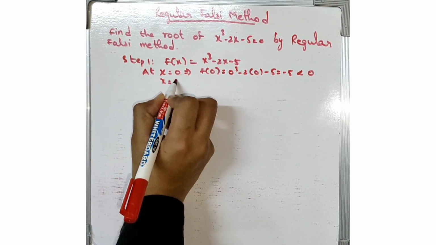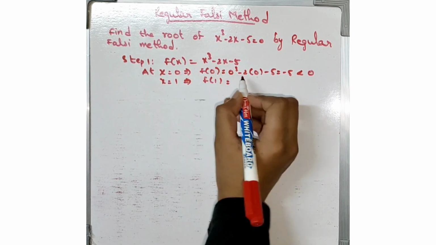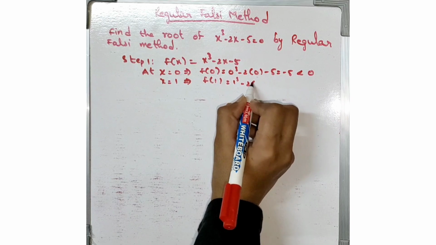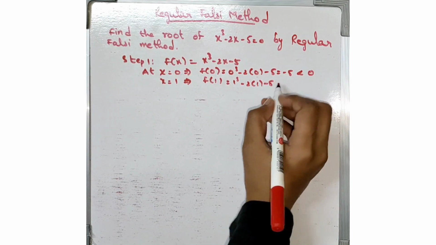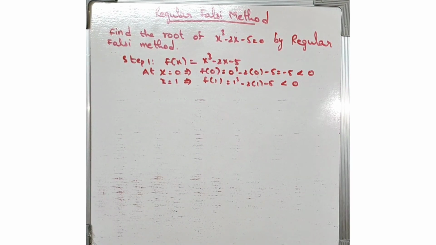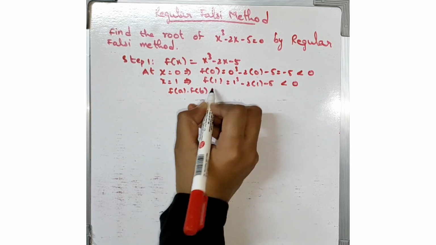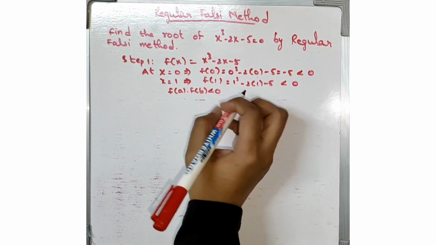Now consider x = 1. Substitute 1 here: 1 cubed minus 2 times 1 minus 5. It is again less than 0. We have to check that f(a) times f(b) should be less than 0.